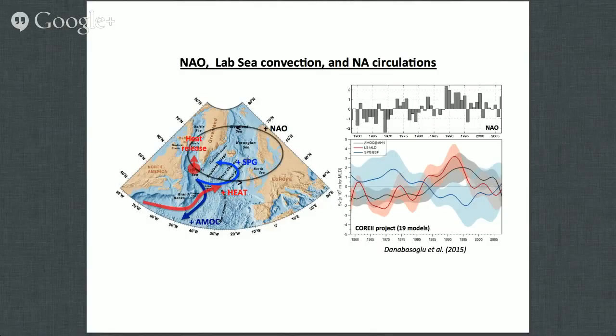And this kind of relationship is clearly shown in the forced ocean simulation. The right panel shows again the NAO index. Now the sign is right, so positive is up and negative is down. And the lower panel is from the CORE-II project.